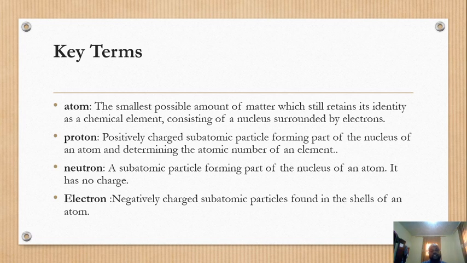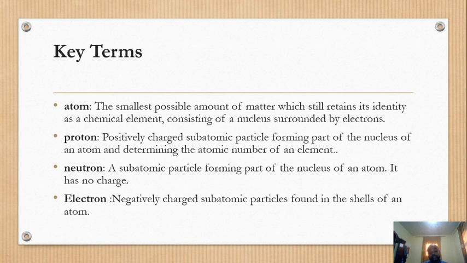A proton is a positively charged subatomic particle forming part of the nucleus of an atom and determining the atomic number of an element. So the proton is found in the nucleus alongside the neutron, right? It's positively charged.